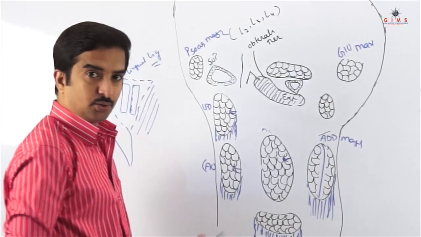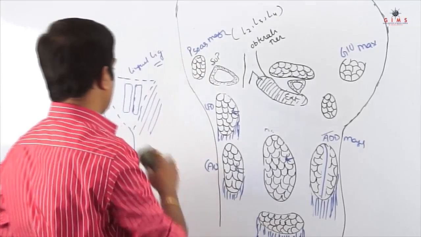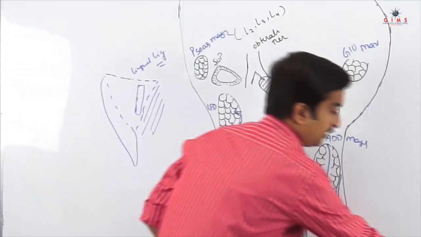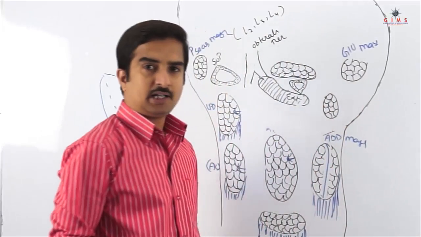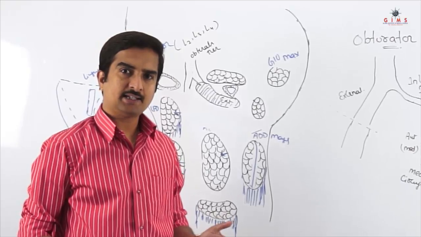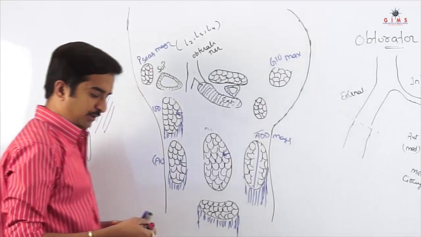So, as I told you, the medial circumflex femoral artery is a branch of the profunda femoris artery, or frequently this medial circumflex femoral artery arises from the femoral artery itself. So I will show you here.